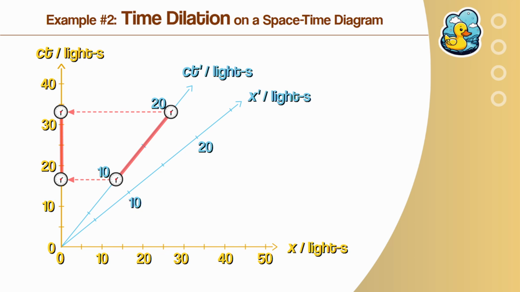You will see that, although on the paper or screen it looks shorter, taking into account the different scaling, it's longer than 10, or than your selected interval in the ship's frame. The yellow duck on Earth sees the clock tick every 16.7 seconds, just as predicted by the time dilation formula.